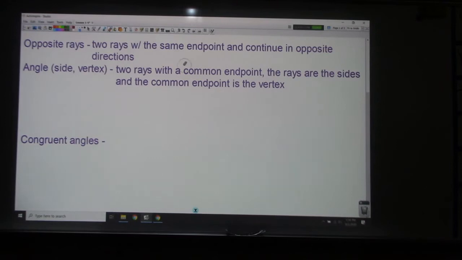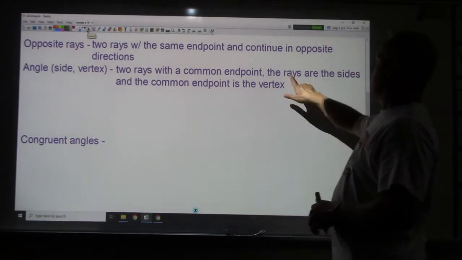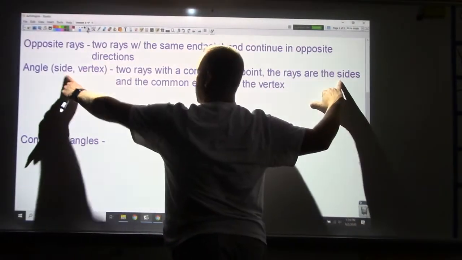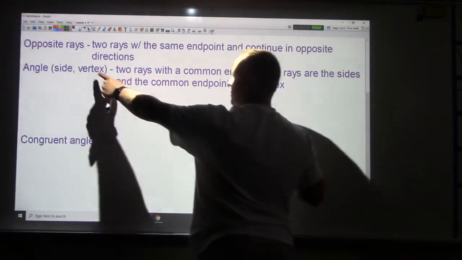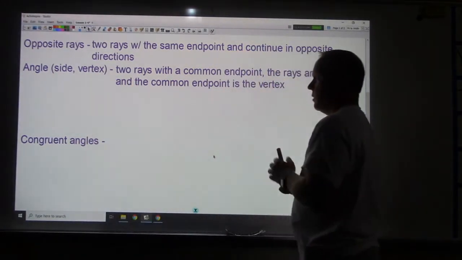So I kind of took care of a couple different vocab words in this one here. The rays are the sides. The common endpoint is the vertex, or the tip of the angle.